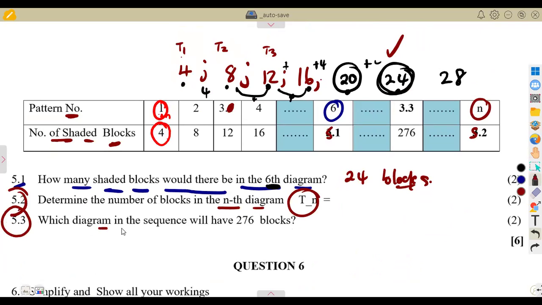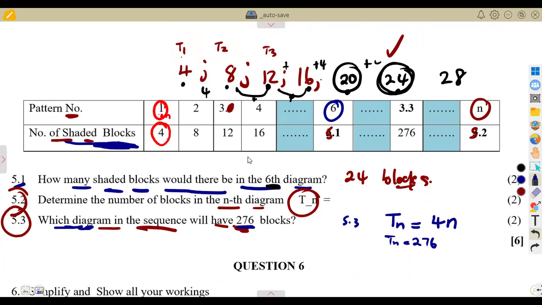Then, which diagram in the sequence will have 276 blocks? So you take advantage of that Tn that you calculated. Remember, we now know this expression that Tn is equal to 4n. The number of blocks is your Tn, so we are given that Tn is equal to 276 blocks.